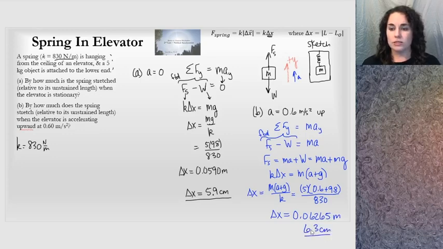And I'm going to note that this makes sense. It should be larger than when it's just sitting still. And the equation also sort of conceptually tells me that. When I look at this equation here, it says the spring force equals the weight plus a term due to the acceleration.